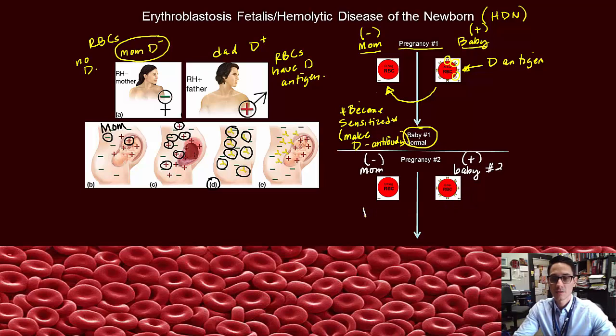Mom's immune system has produced these D antibodies. So now these D antibodies can cross over the placenta. So this is the kind of placental barrier. Those D antibodies can cross over the placenta and go and attack the baby number 2's red blood cells.